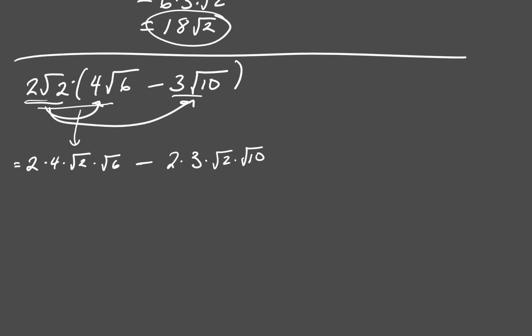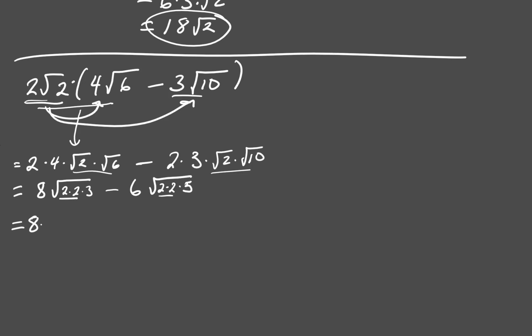I wanted to put the radicals next to each other, so I've done that. Now I've got 8 times the square root of 2 times 3 after I put both of these under the same square root and factor, minus 6 times the square root of 2 times 5, right? After I put these guys under the square root and factor. So I've got the two pairs of 2s that each can come out from under the square root.